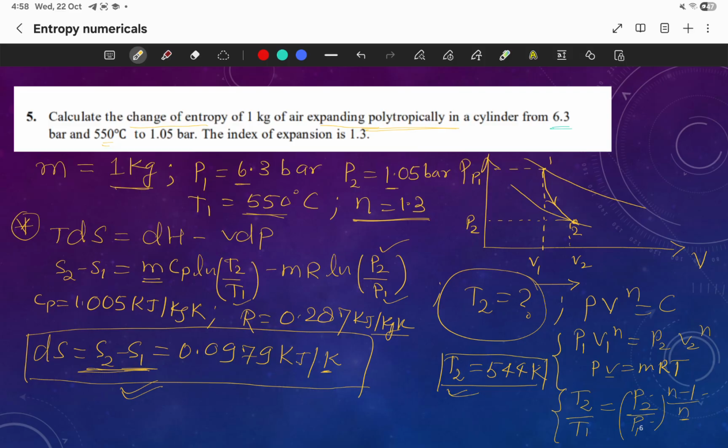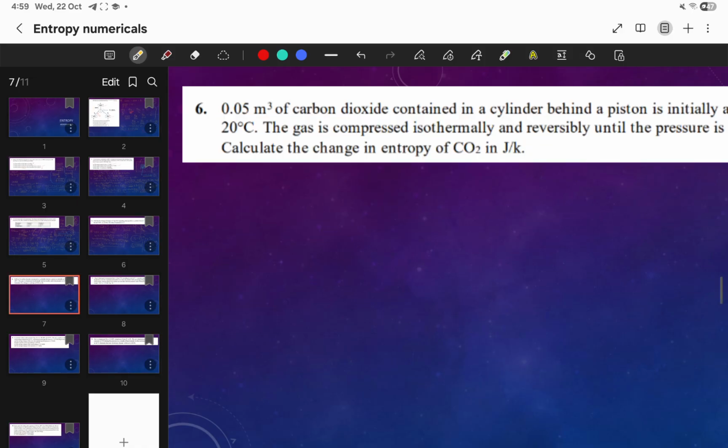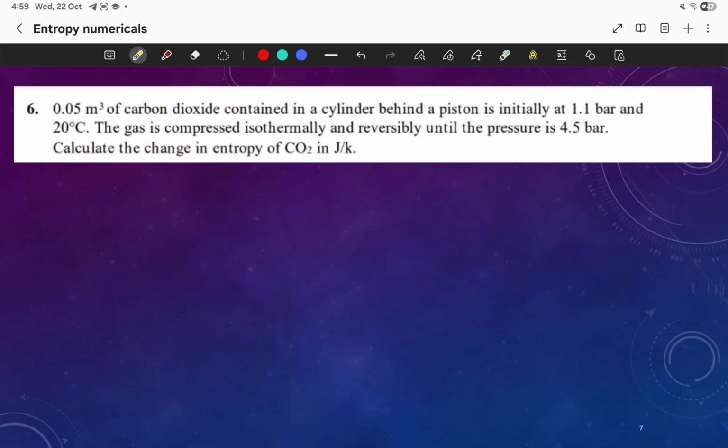Now let's move to another question. Question number 6. Okay, so here it is given 0.05 meter cube of carbon dioxide contained in a cylinder behind a piston is initially at 1.1 bar and 20 degrees Celsius. Okay, so now let's write.